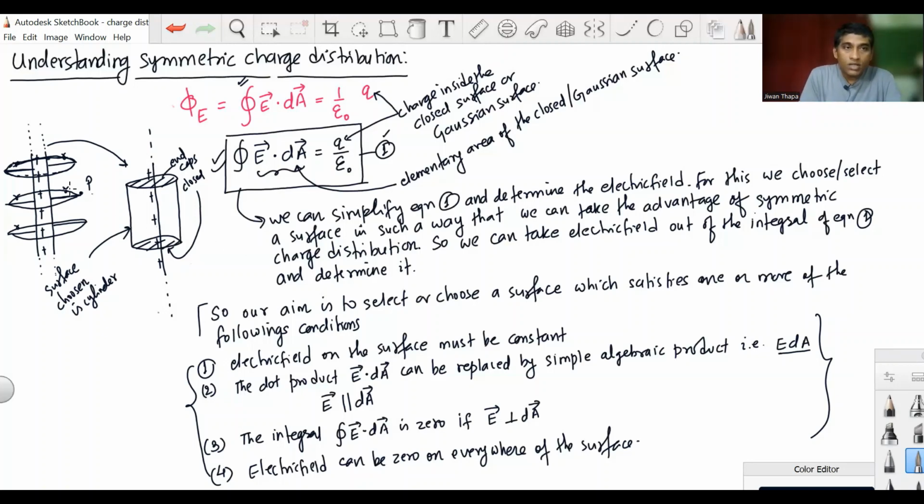Now we have the curved surface. We have this, and this is a line charge, and the ends are closed. So this is the curved surface.